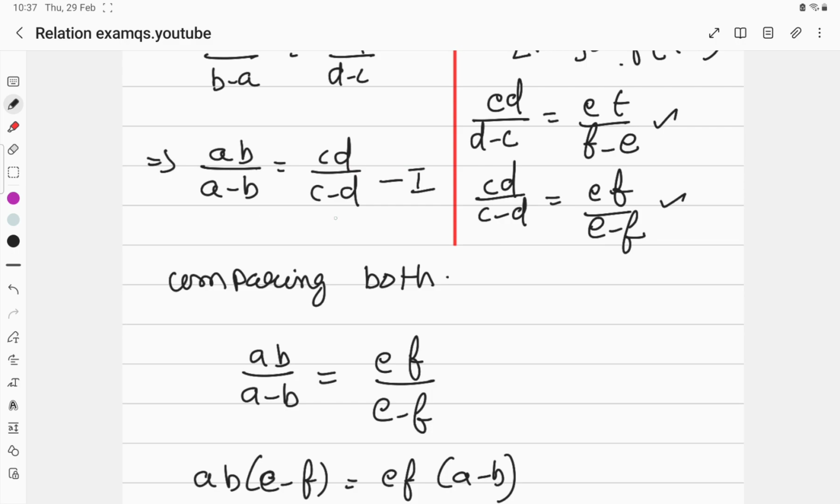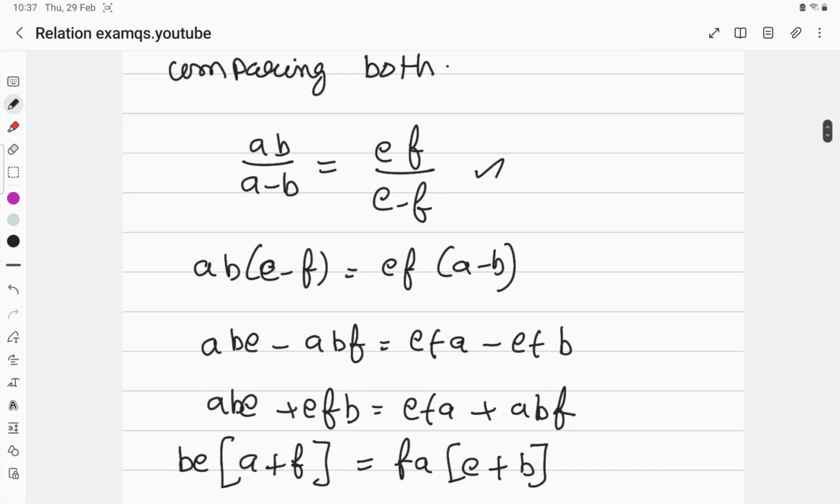AB/(A − B) = CD/(C − D). Here we get CD/(C − D) = EF/(E − F). Therefore, AB/(A − B) = EF/(E − F).